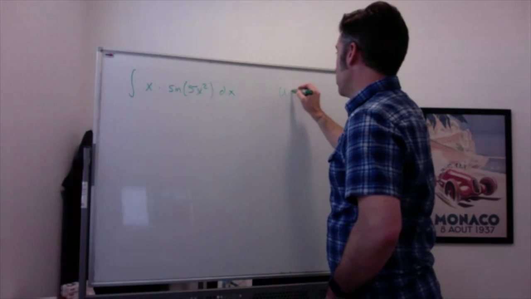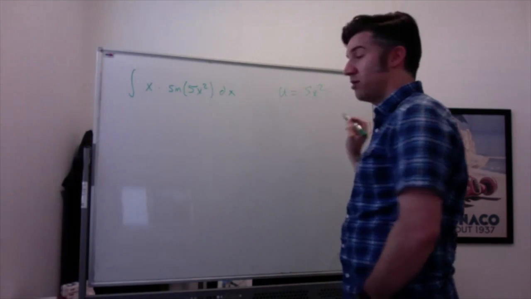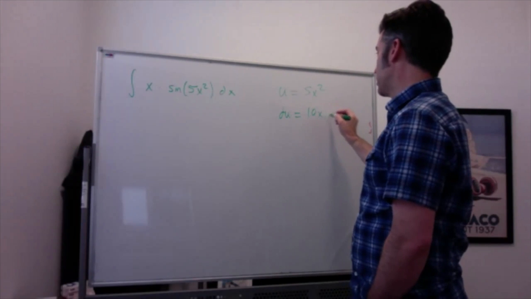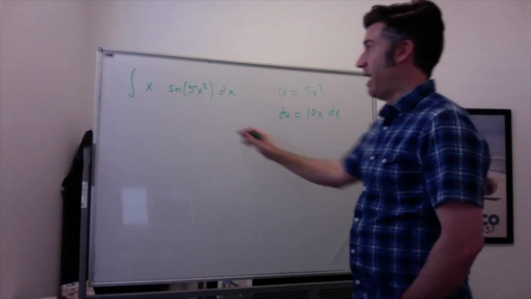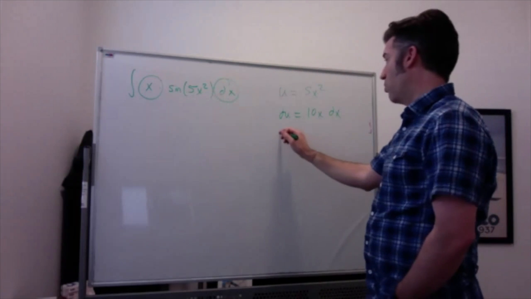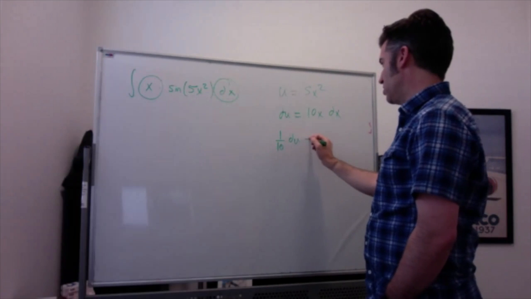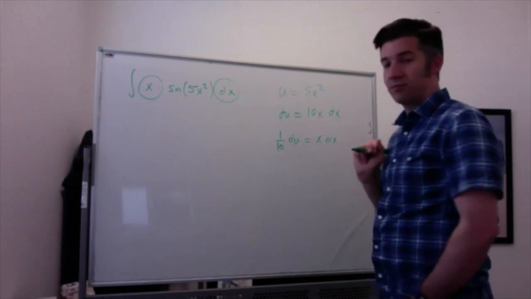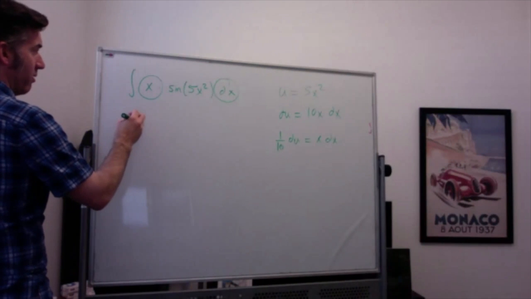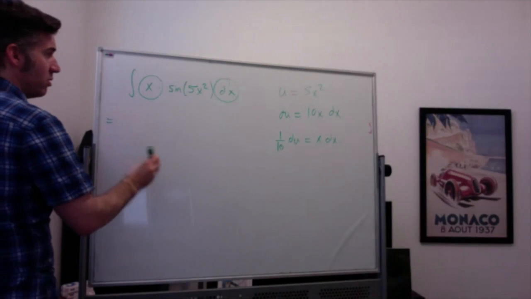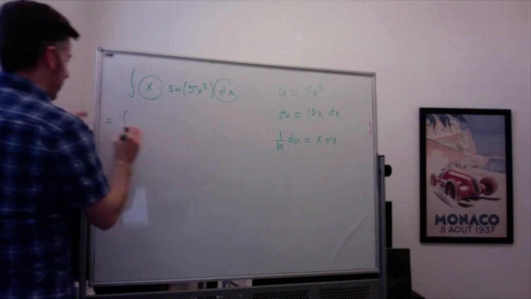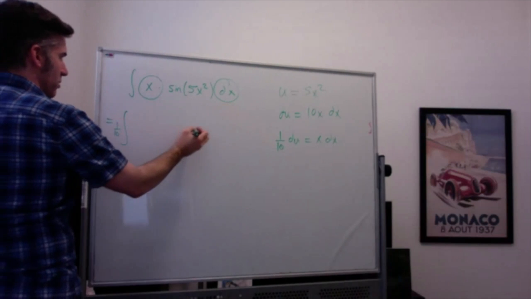Here I can let u equal 5x squared, and my du is going to be 10x dx. I have an x dx, so 1/10 du is going to equal x dx. So here this is going to equal the integral of x dx is my 1/10 du.